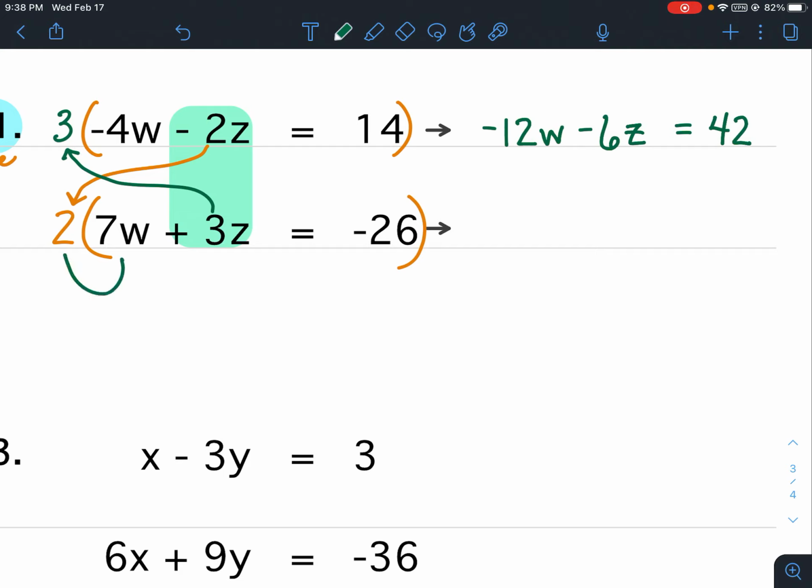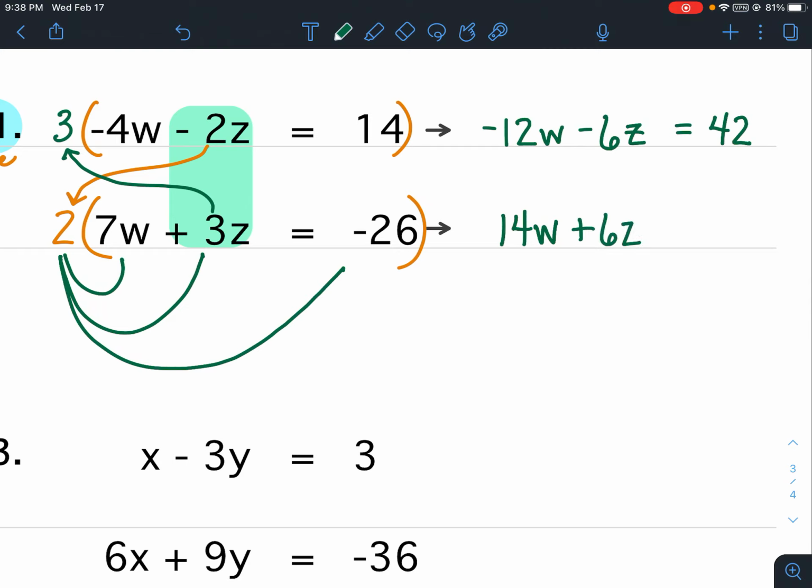I'm going to take 2 times 7W, 2 times 3Z, and 2 times negative 26. So 2 times 7W would be 14W. 2 times 3Z would be positive 6Z. And then 2 times negative 26 would be negative 52.